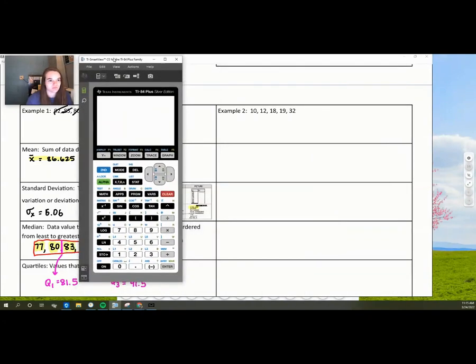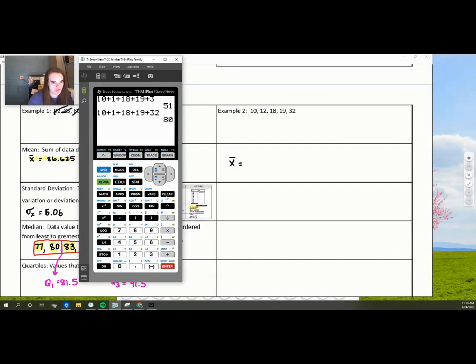Okay. I'm going to move my screen. I'm going to do exactly what I was doing before. So the mean, which I can write as x bar, is equal to, we got 10 plus 12 plus 18 plus 19 plus 32. Remember, you can just go grab that. I made more than one mistake.